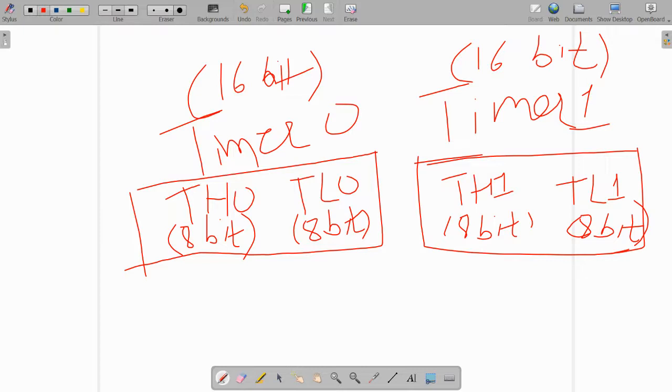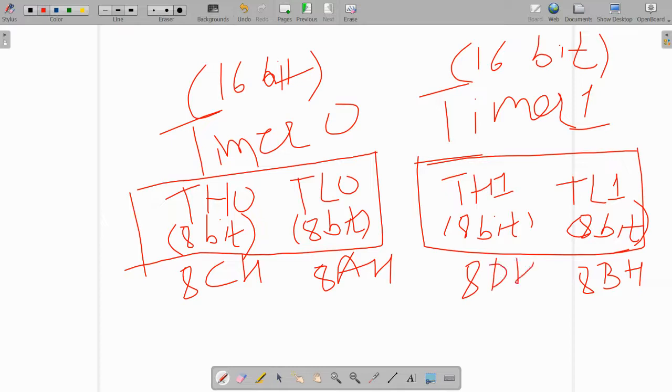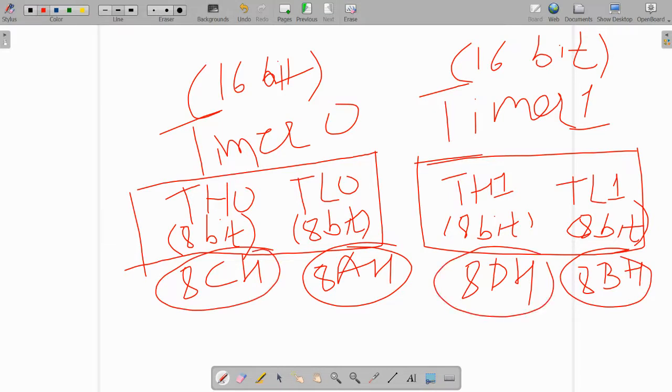Okay, and TH1? Okay, एक बार मुझे फिर से बताओ, TL0 का बताओ. 8AH. TH0 का बताओ. TL1 का बताओ. और TH1 का बताओ. 8A, 8B, 8C, 8D. Okay, so you will be able to remember this in a proper way.